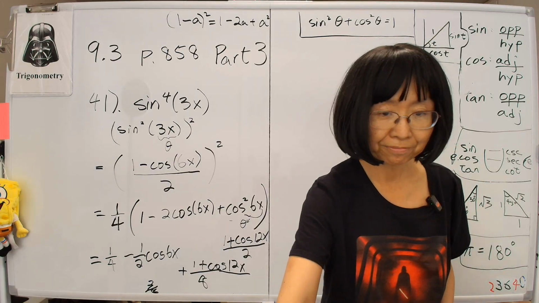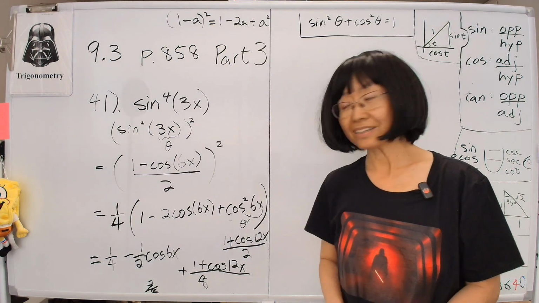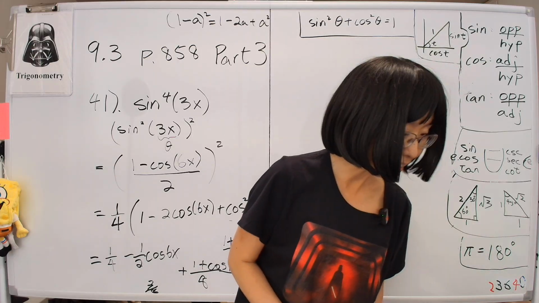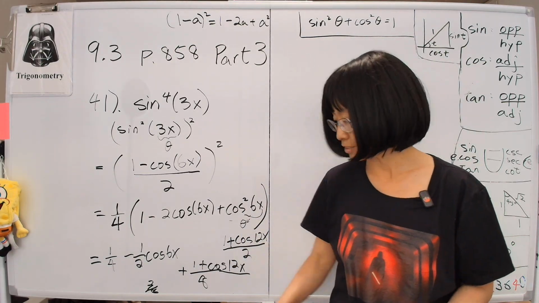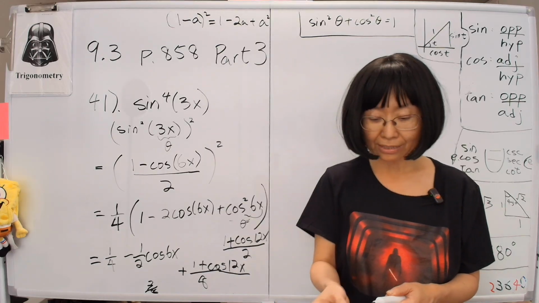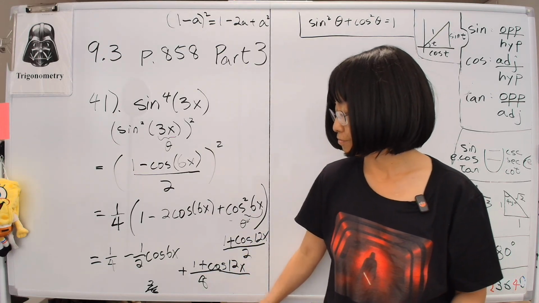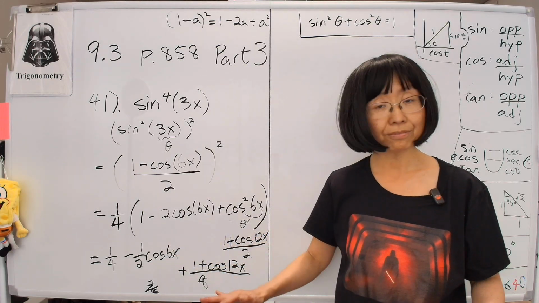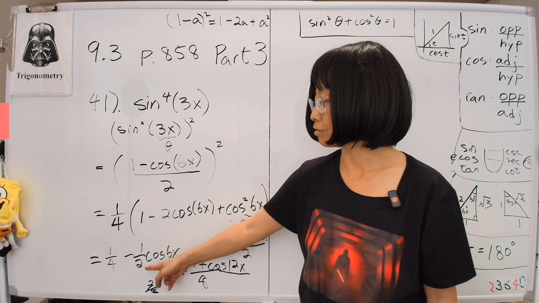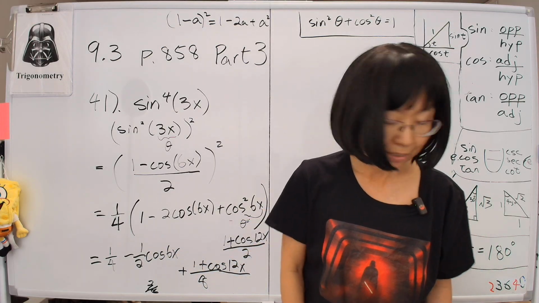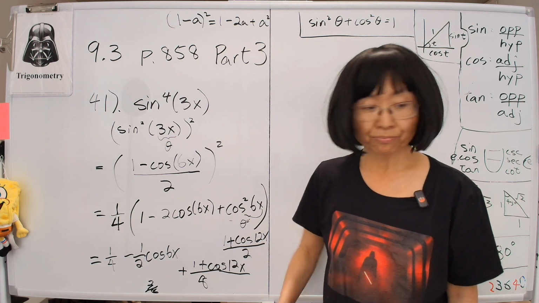Let me check. And the answer is correct. Upon checking the answer at the back of the book, they write it all under one fraction, which is okay, but it's not required. You can write it in separate fractions or all under one fraction. If it's all under one fraction, then this number becomes 4/8, and that's the only difference.